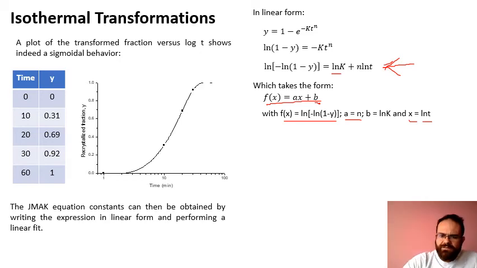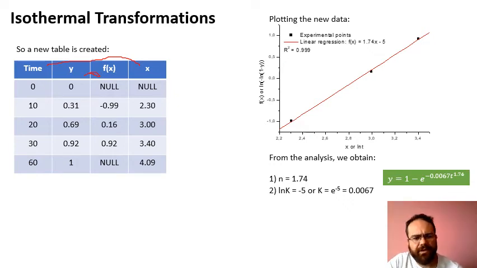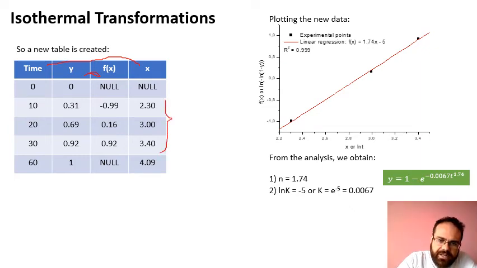With these relations, we can produce a new table which relates this function of x, which is obtained from the transformed fraction, with x, which is obtained from the transformation time. We get some null values here because we take logarithms of 0 and then it messes up. But we have these 3 valid data points with which we can work.